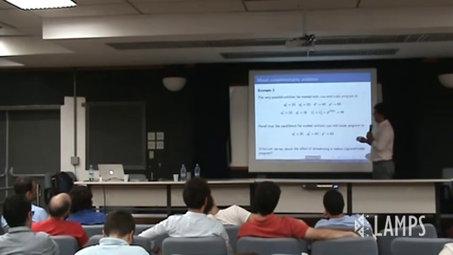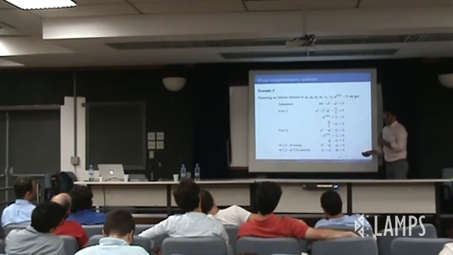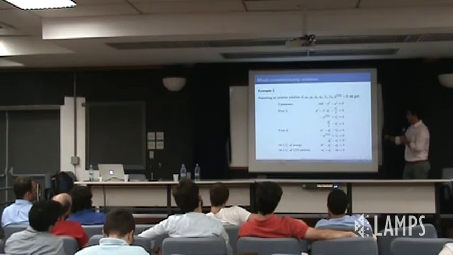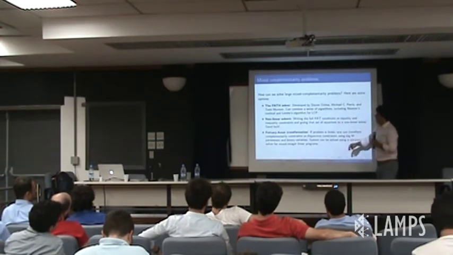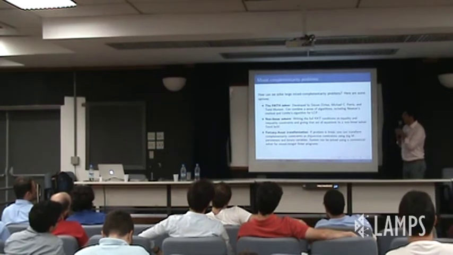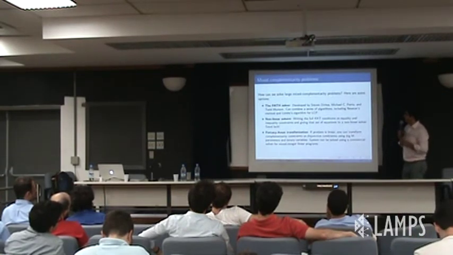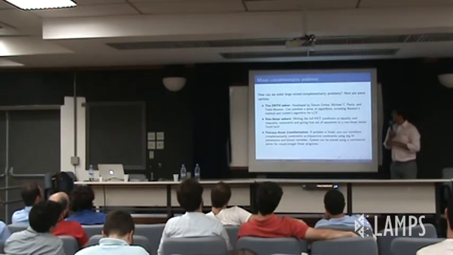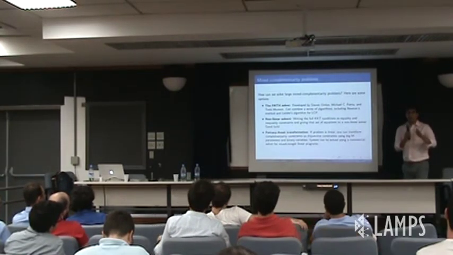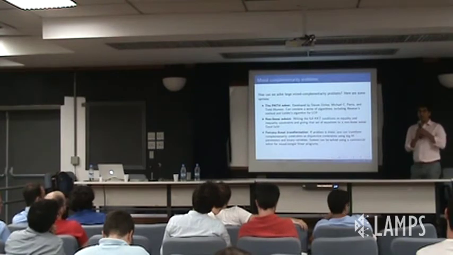So how can you solve actual problems? This is still a thought problem. Here are some alternatives. One alternative, the PATH solver, that was written by, I believe, mostly Michael Ferris. But that's like the simplex of the KKT conditions.